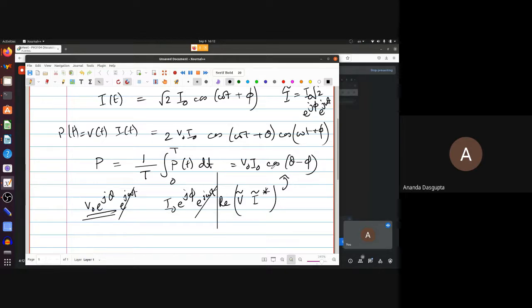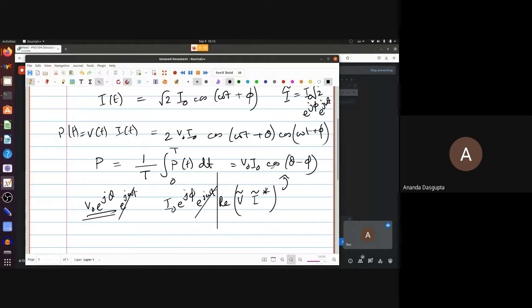So this is a trick. Remember that using the complex voltage and complex current was always a trick. The real actual voltage and current are not complex numbers, right? But the trick here works despite the non-linearity, but for that you have to be a bit careful.